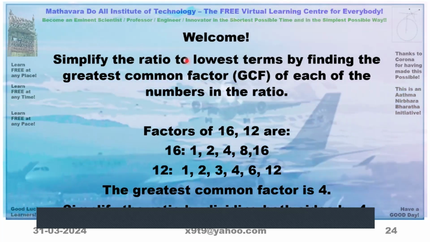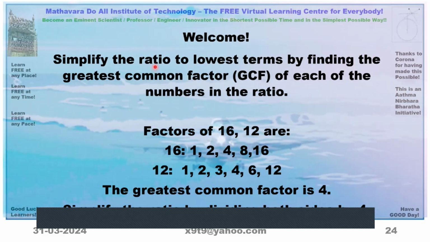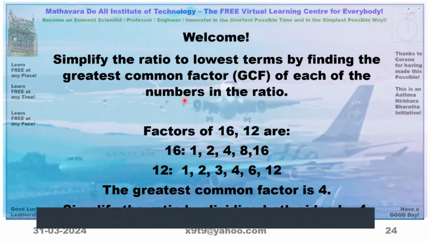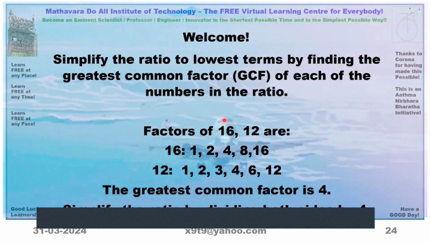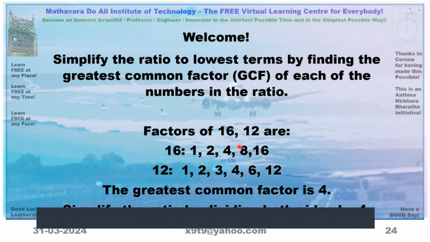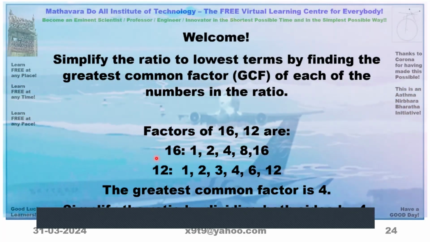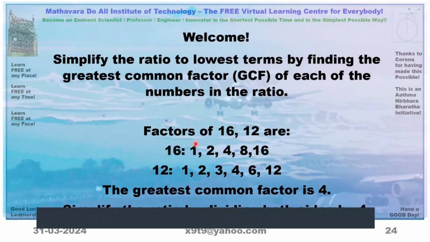So simplify the ratio to lowest terms by finding the greatest common factor of the numbers in the ratio. That means we have to find the factors of 16 and the factors of 12. Factors of 16: we can divide by 1, it goes 16 times.